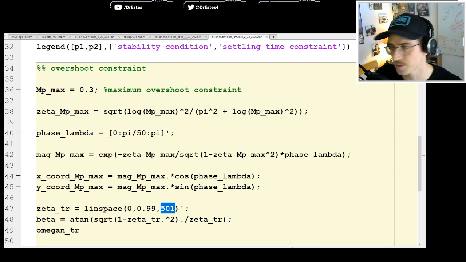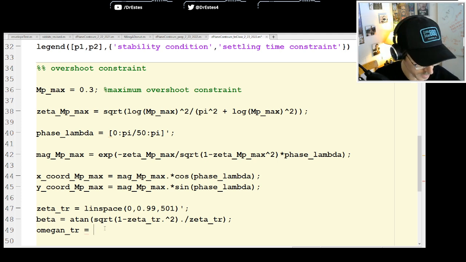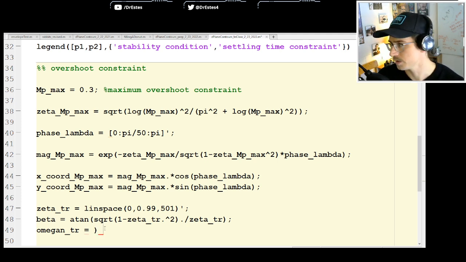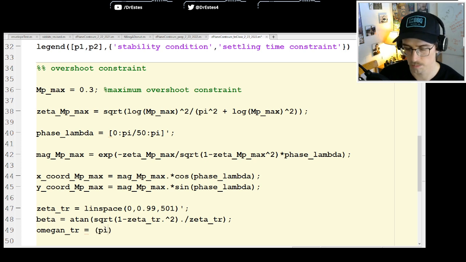So this is going to be a vector that's 501 elements long. Yep. Okay, so the natural frequency is pi minus beta divided by, and we have to do this dot division, divided by my rise time.